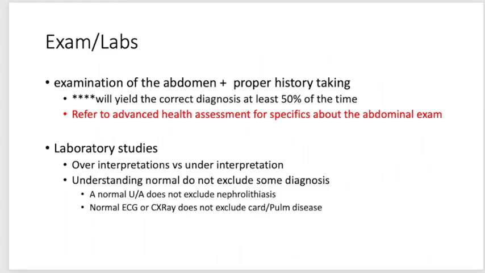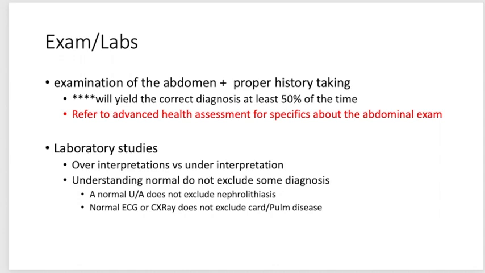When we take a look at exam and labs, examination of the abdomen and proper history taking is really important as it will yield a correct diagnosis at least 50% of the time. Please refer back to your advanced health assessment for the specifics on how to perform a proper abdominal assessment. The context of this video is not going to go into that. Laboratory studies: overinterpretation versus underinterpretation is always a potential situation.